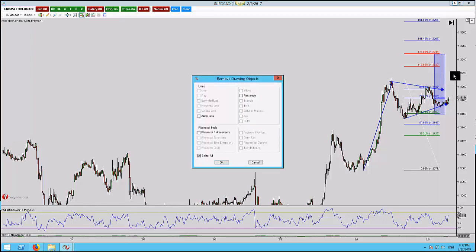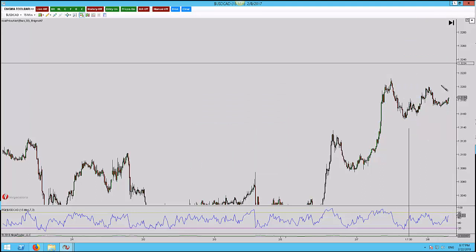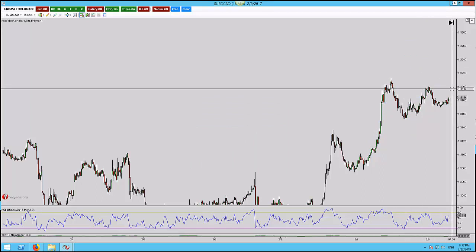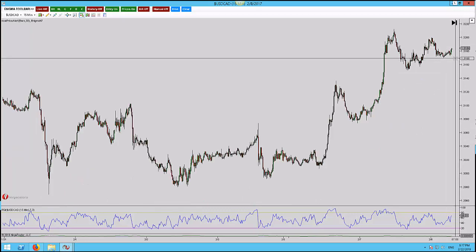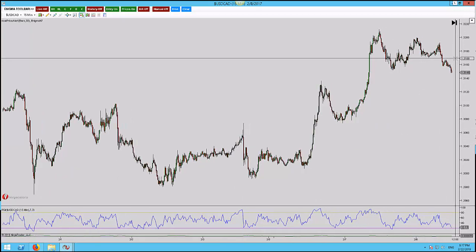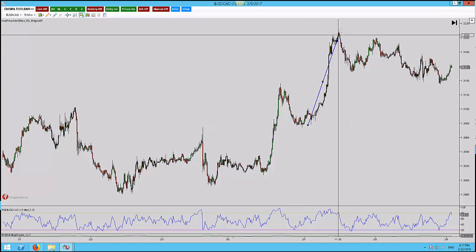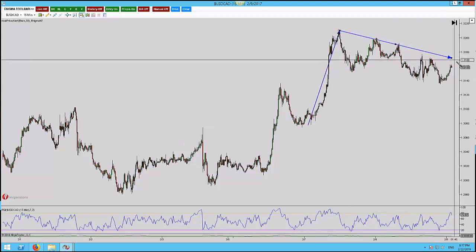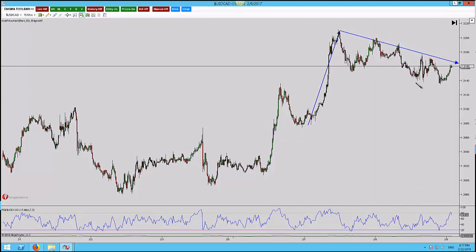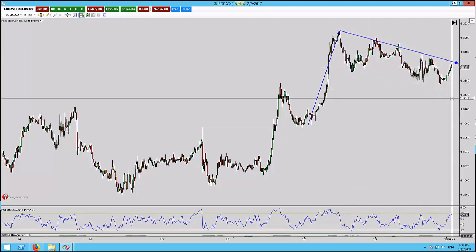Okay, trade cancelled. We have a psychological number there, 13200. That invalidates any trade for me for a breakout. Let's see what the outcome was. Okay, so that was a good decision made there, but it has now produced a potential flag.